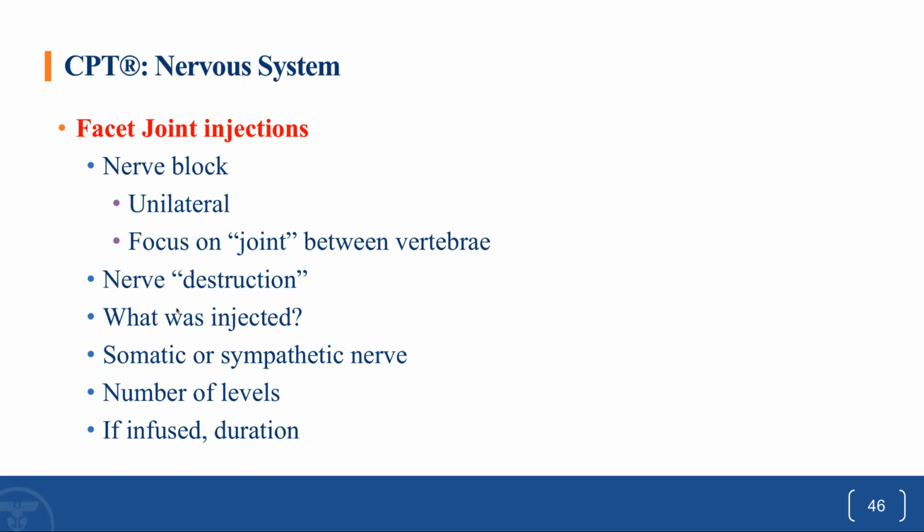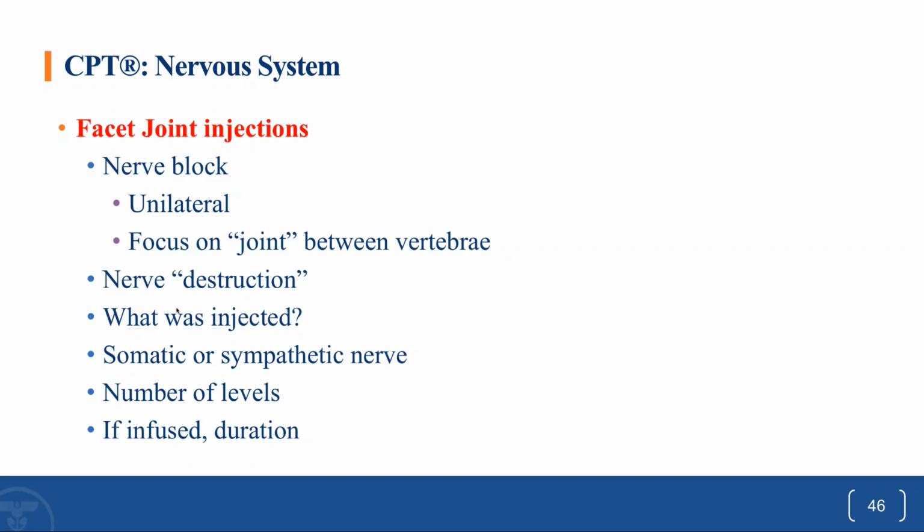So either or, it's under the same injection. It's a paravertebral facet joint injection, and it says with image guidance. So guess what? You don't need to code a radiology code with this because it's already included in the CPT description.